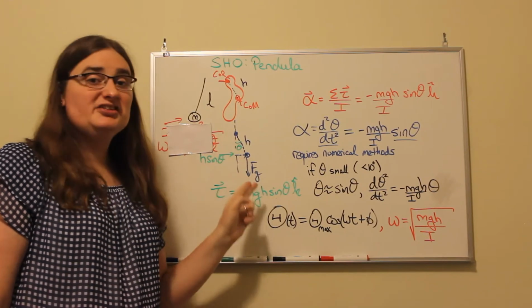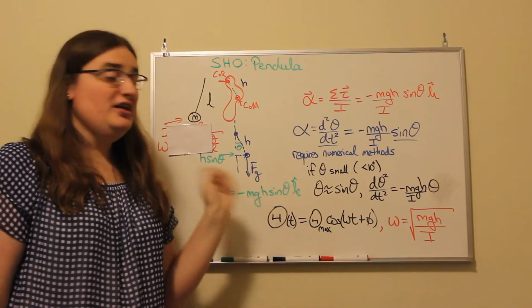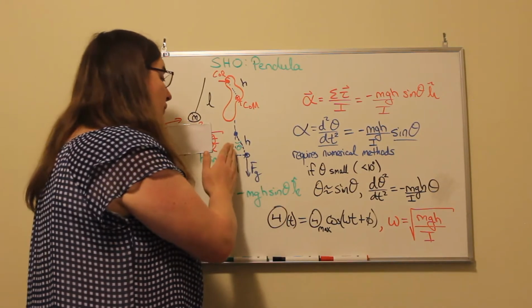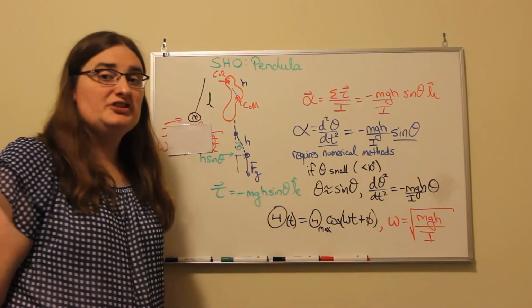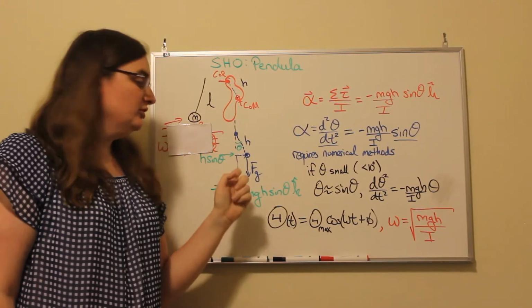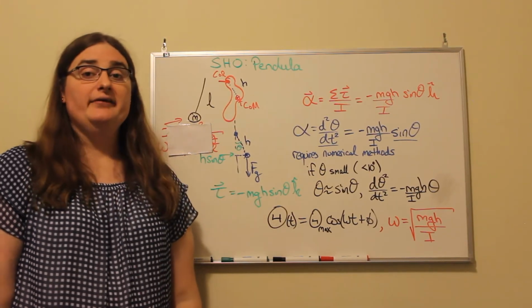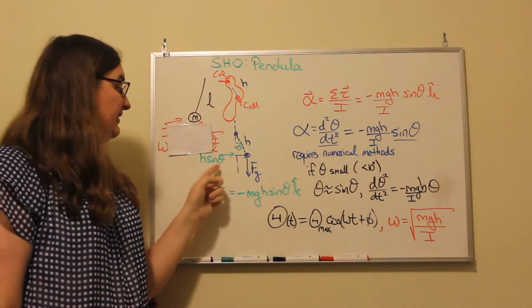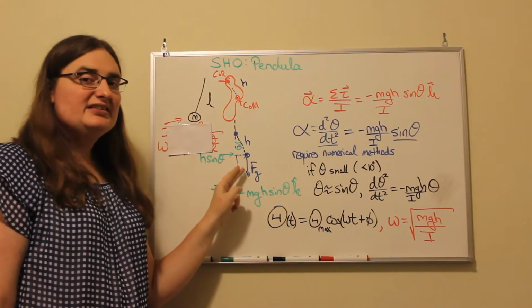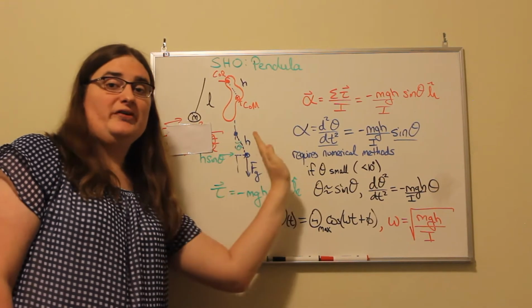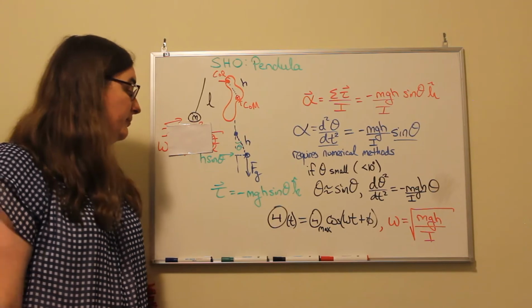I'll call the distance between the center of rotation and the center of mass h, and I'm going to measure how far I've displaced that line away from the original vertical as an angle theta. The torque from the weight of that object is going to have a lever arm equal to this distance h times the sine of the angle that I've displaced it away from equilibrium.